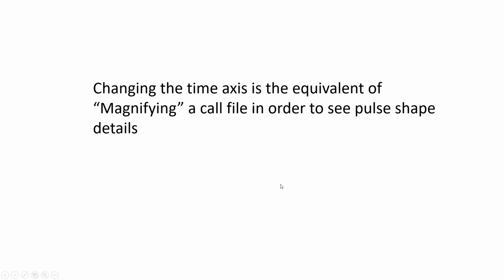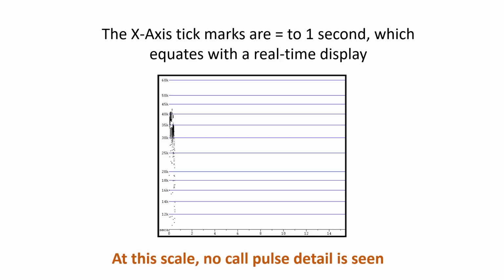Changing the time axis is important to understand. This is the equivalent of magnifying a call file in order to see the pulse shape details. So here we are. The x-axis time scale, the tick marks down here, are set to 1 second. This equates with real time. If you were looking at this bat in real time, this is 1 second.